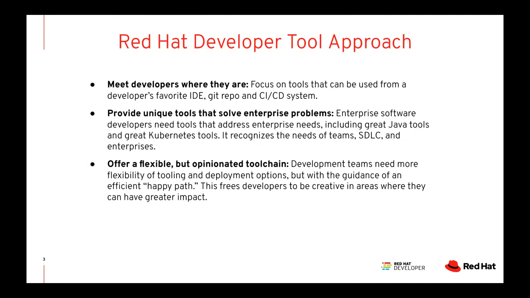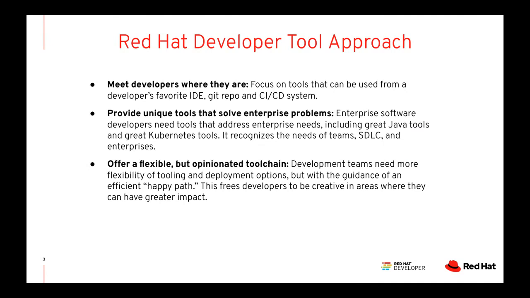While we're doing all these things, we're also trying to work on a flexible but opinionated tool chain. And what that means is that lots of people use different tools. They need flexibility of tooling and deployment options, but having a free-for-all, where somebody says, how do we make this work?